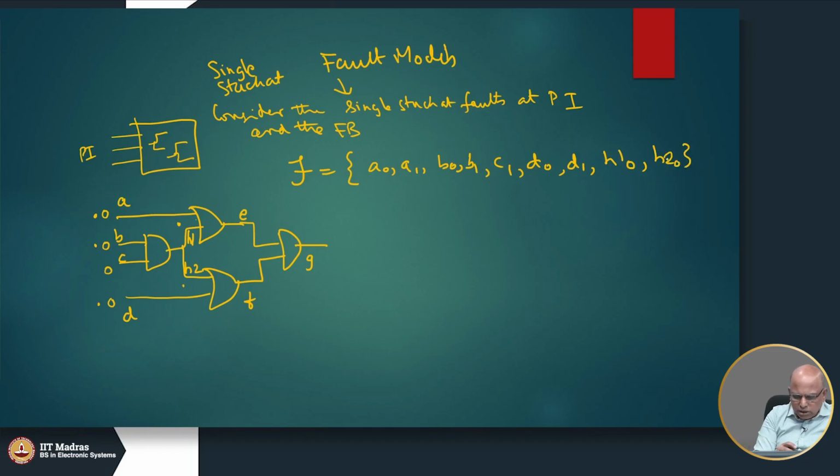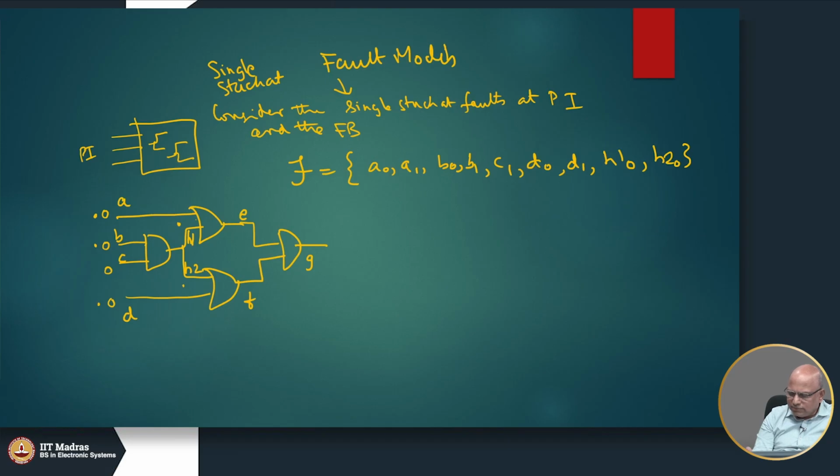So, A0 and A1, B0 and B1, C1, then D0, D1, H10 and H20. Okay.